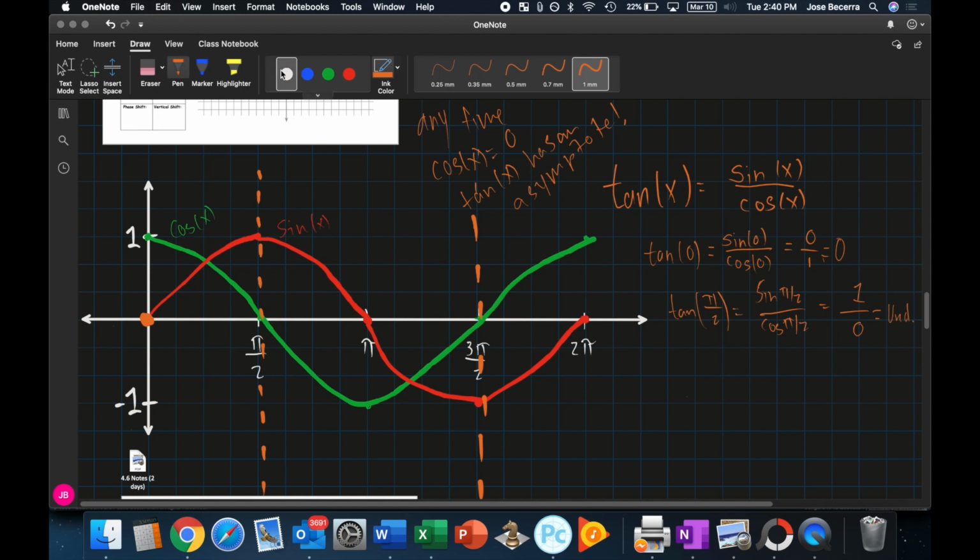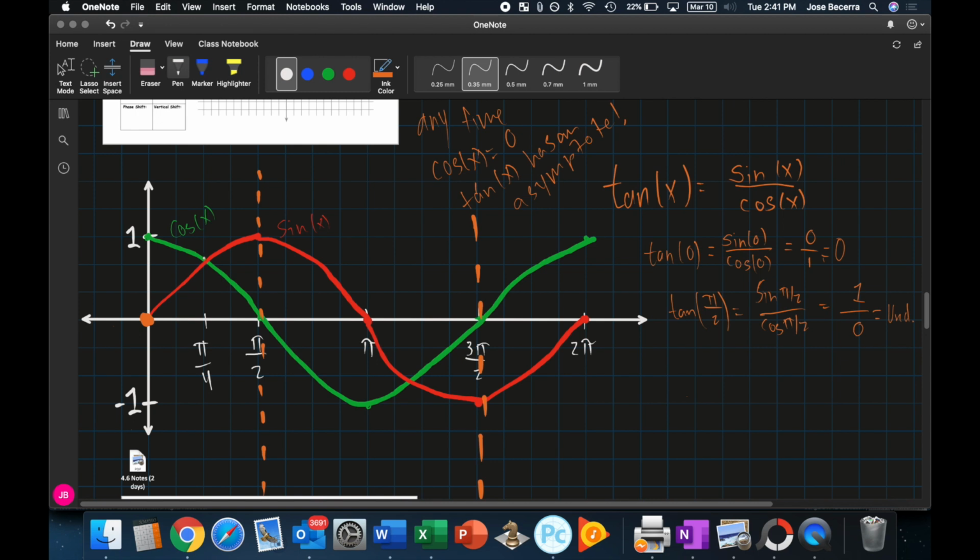Now let's turn our attention to this point right here. This is pi over 4. Now at pi over 4, we notice something a little strange happening.